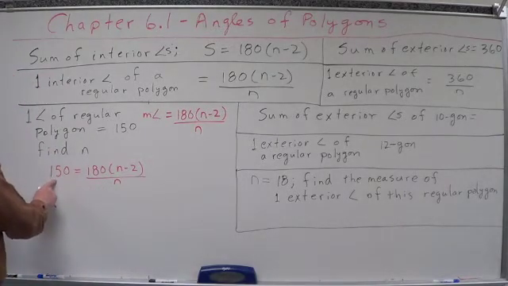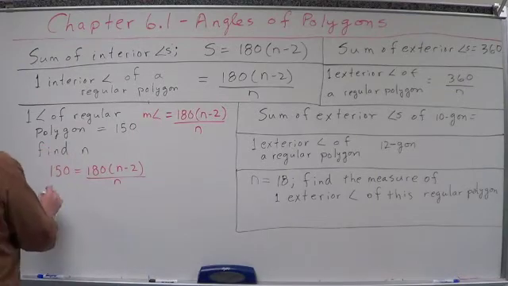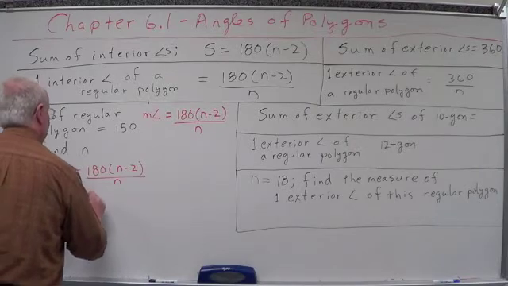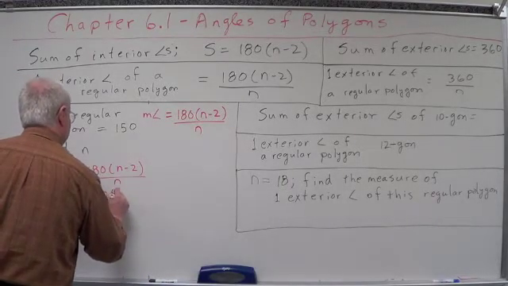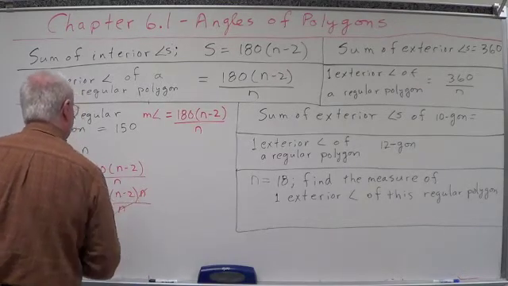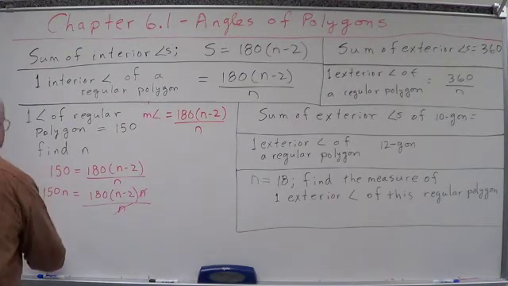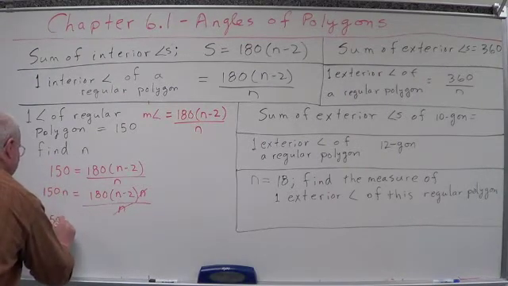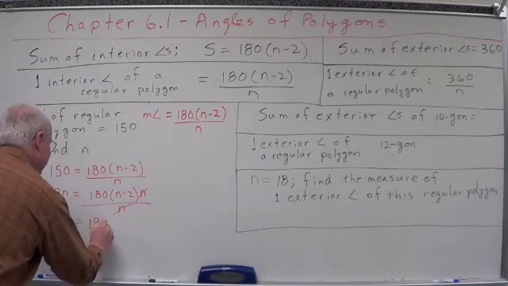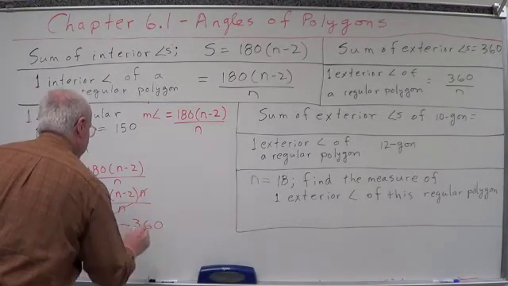Well, I sure would like to get rid of this denominator, wouldn't I? So let's multiply everything by n. So 150n equals 180 times n minus 2 times n divided by n. That goes away. Then I've got 150n equals, let's distribute, 180n minus 360.